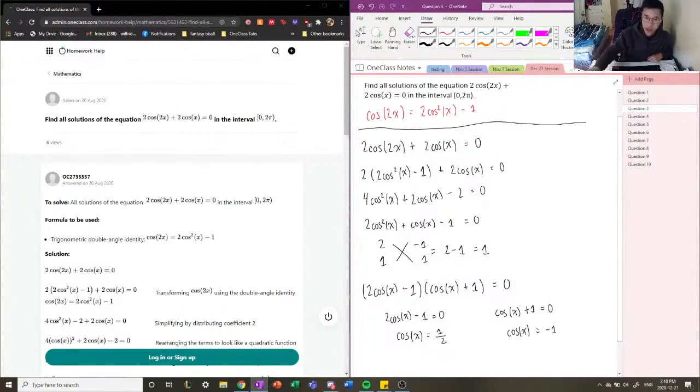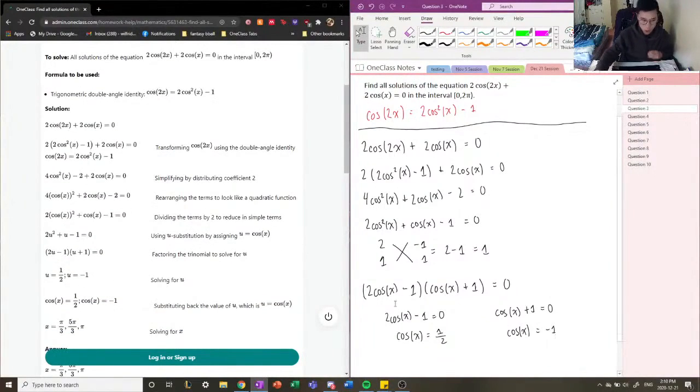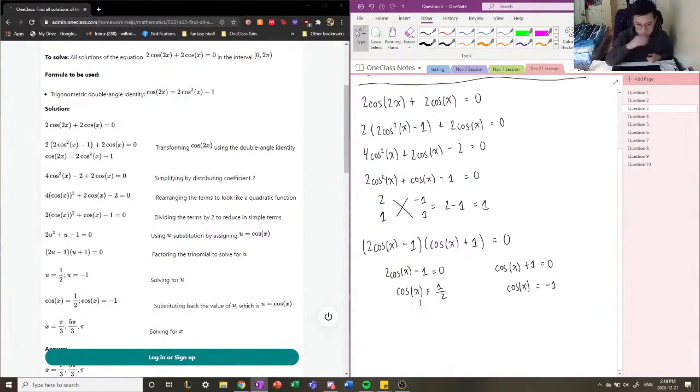So what are our special angles for cos of x equals half? I won't get into too much detail about the special angles here, but we have pi over 3, pi over 4, and pi over 6. So we know that cos of x equals 1 near cos of 0.